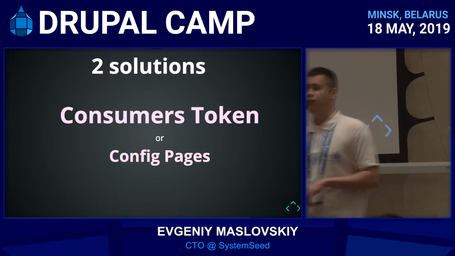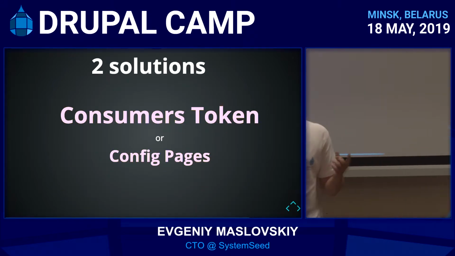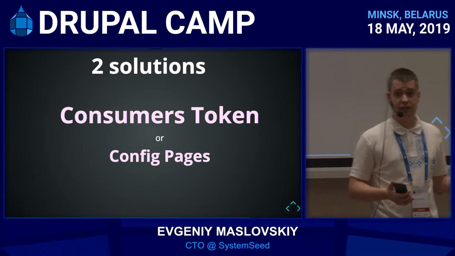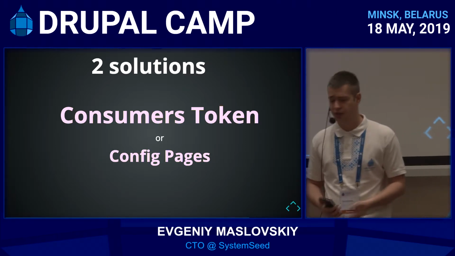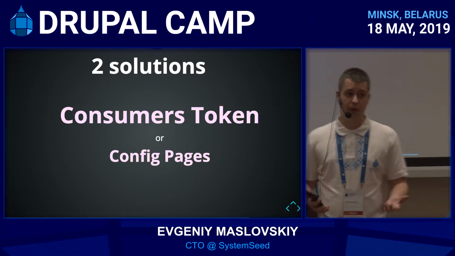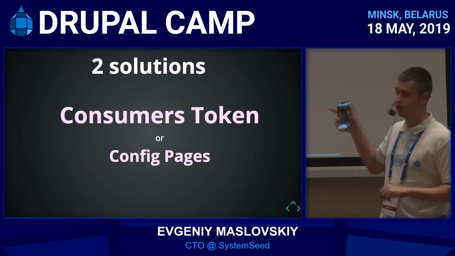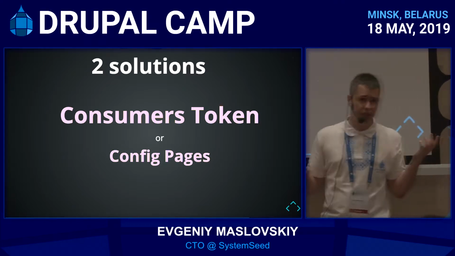Solution number one. If you're working with a decoupled setup, you're likely using consumers already for serving image styles at least, maybe for handling authentication and so forth. So for these people, we've built a little module called Consumers Token.